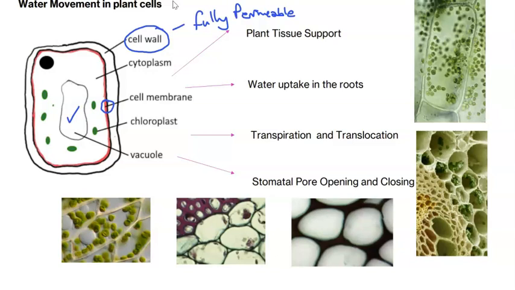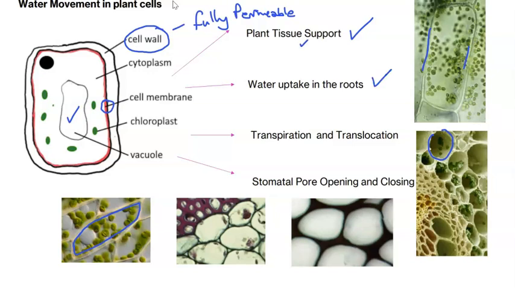And so in each of the images that we can see here of plants, we see that the cell wall features prominently within structures. And the kinds of topics where the movement of plant cells is going to become important to you as a biology student are in the idea of support of plant tissues. Without a skeletal system, how do they achieve it?